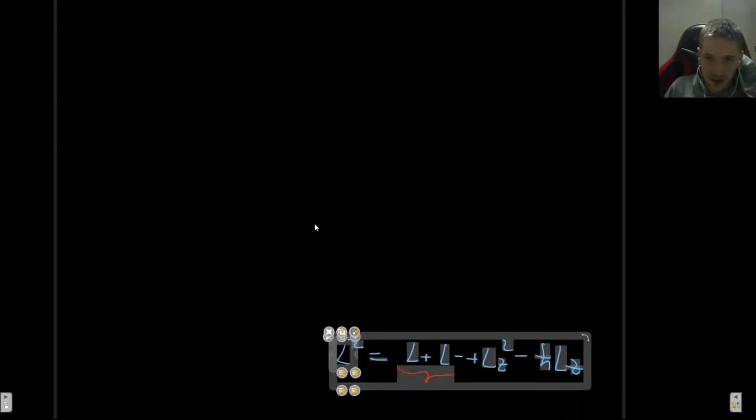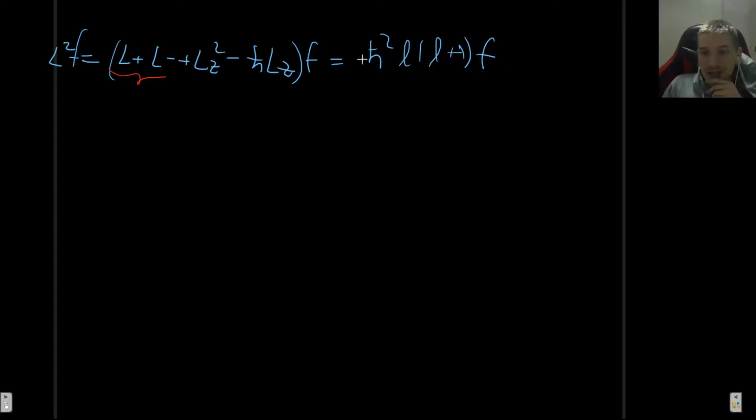So let's now write down our eigenvalue equation that we had, which was L squared acting on f. This is going to be the same as all of this acting on f, which by the way has to be the same as h bar squared l times l plus 1 acting on f. So this is the equation that we now want to solve, except that we need to write each one of these terms explicitly.